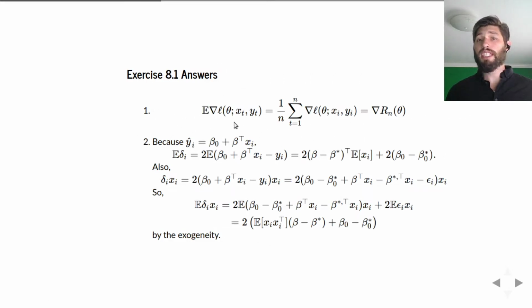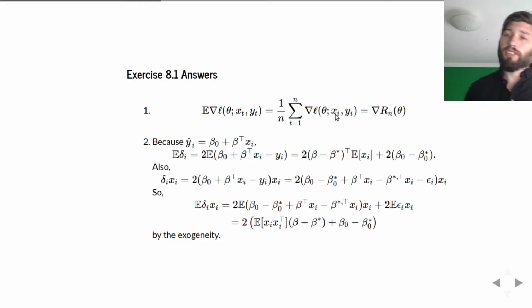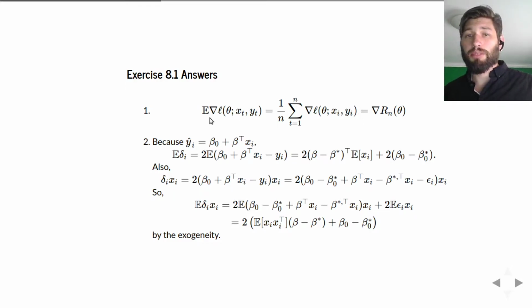The expectation with respect to the random draw t is just the gradient here, and this is equal to 1 over n times the sum, t equals 1 to n, of the gradient of the loss at x_t, y_t. So this should be x_t, y_t, and this should be expectation with respect to t.